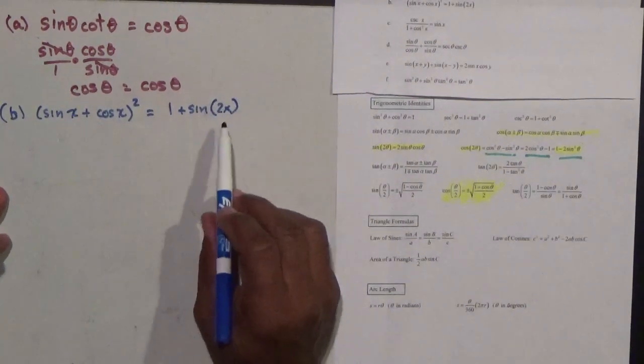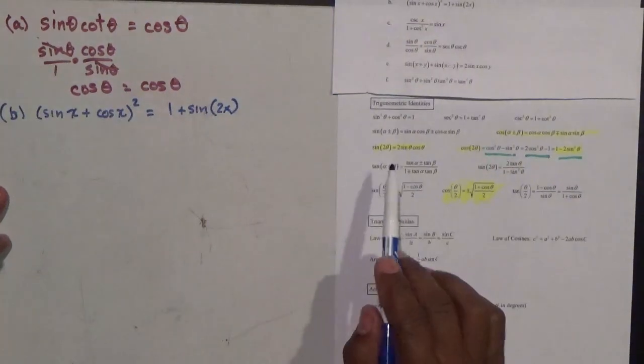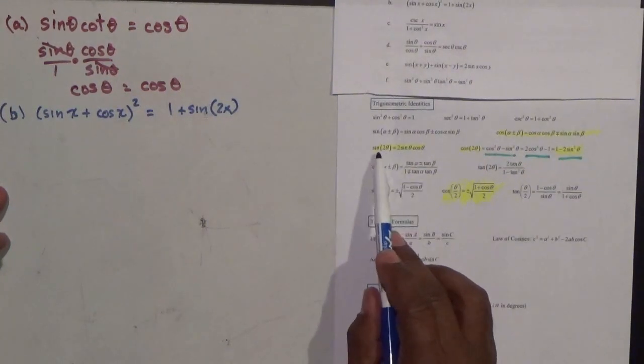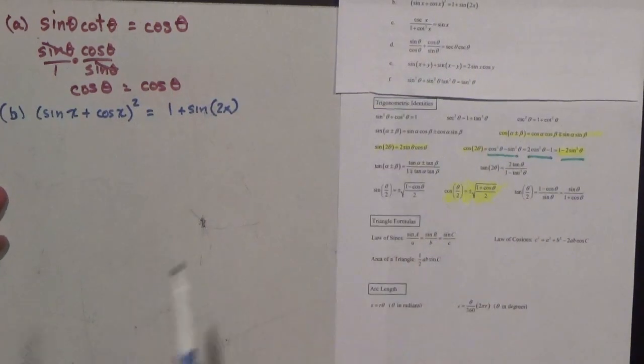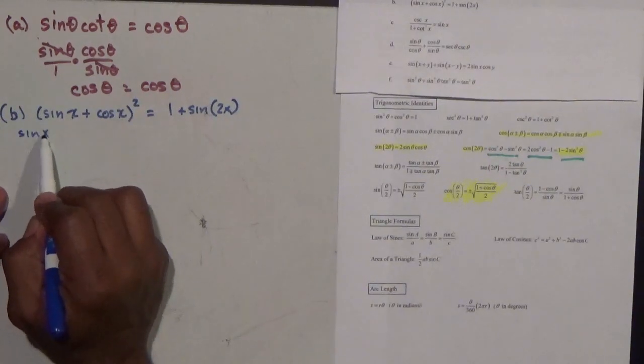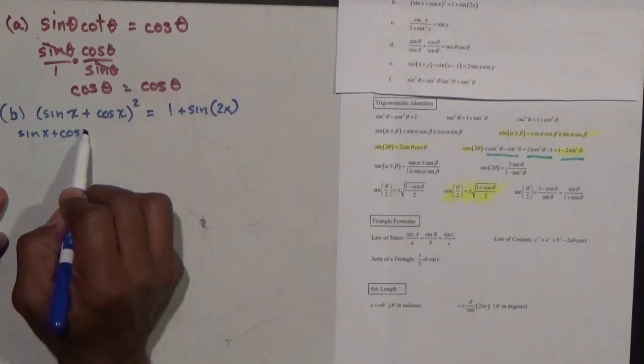So it's kind of tricky. You see the sine 2x, it's going to draw me to this identity. I might need to use that identity in some way. But first things first, this is sine x plus cosine x.